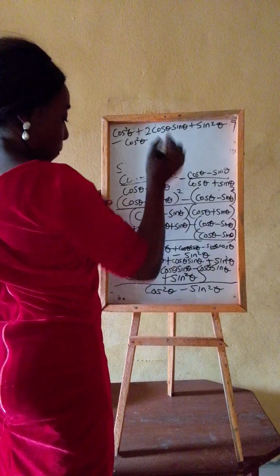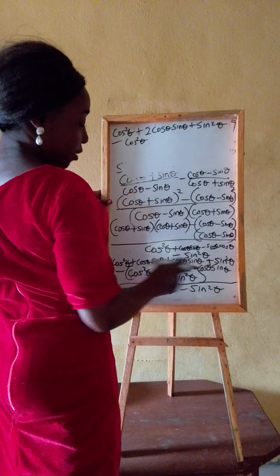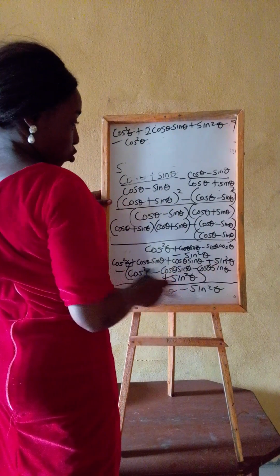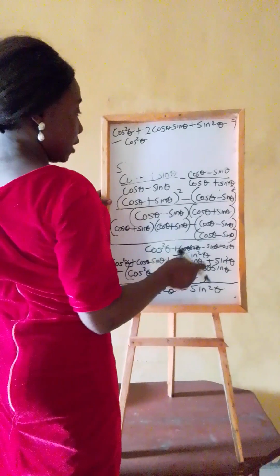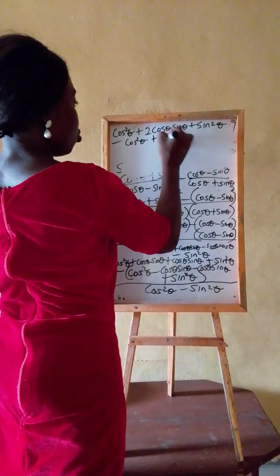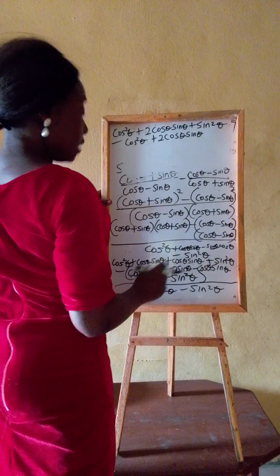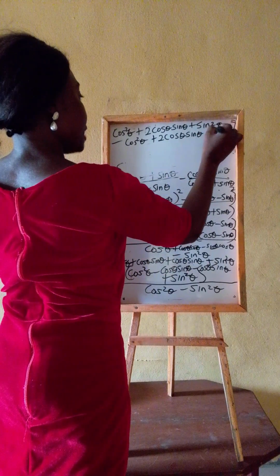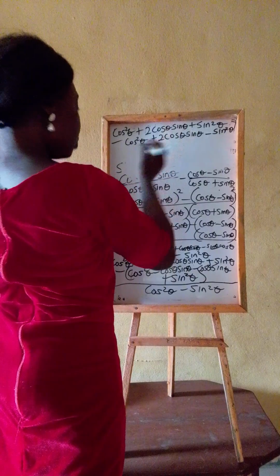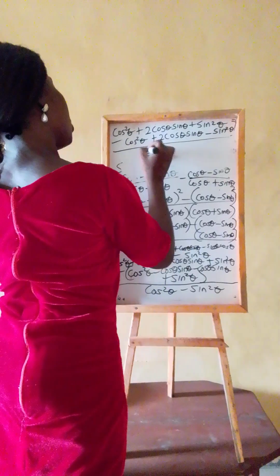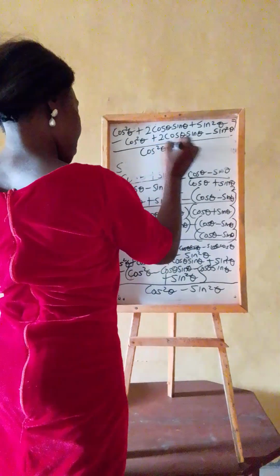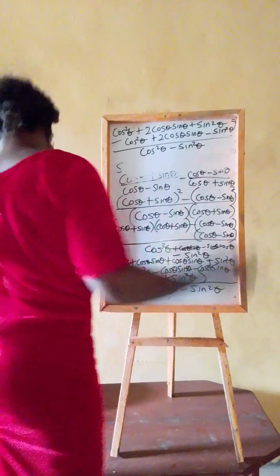This times this, then this is minus minus. That becomes plus 2 cos theta sin theta. Then minus times plus, we have minus sin square theta, over cos square theta minus sin square theta.